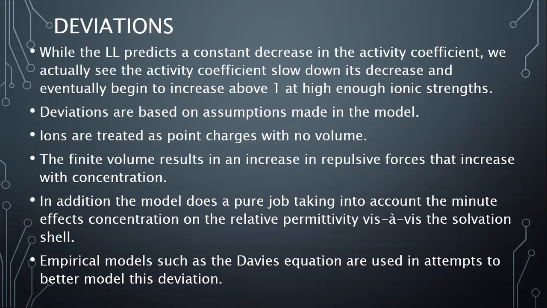This deviation is based on the assumptions made in the model, that ions are treated as point charges with no volume, and the finite volume results in an increase in repulsive forces that eventually grows with concentration. In addition, the model does a poor job of taking into account the minute effects of concentration on the relative permittivity, like how the solvation shell changes.